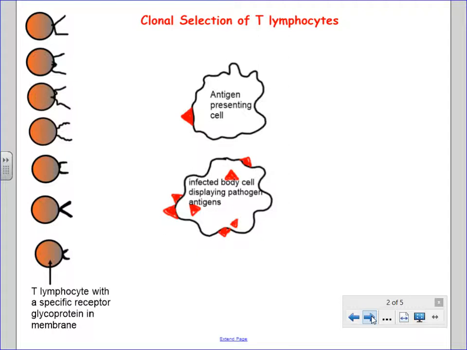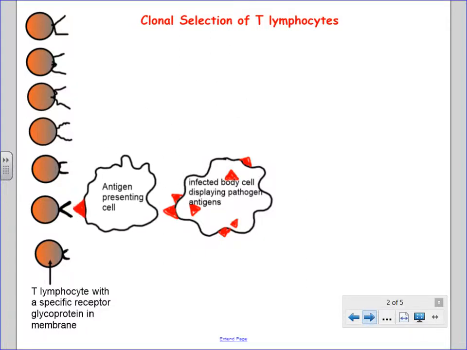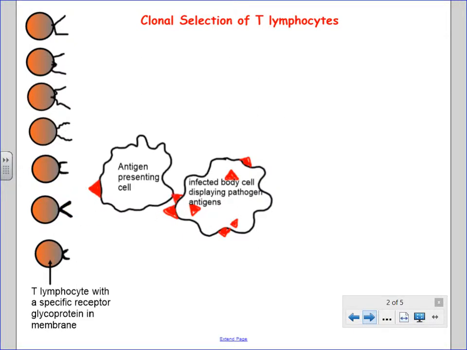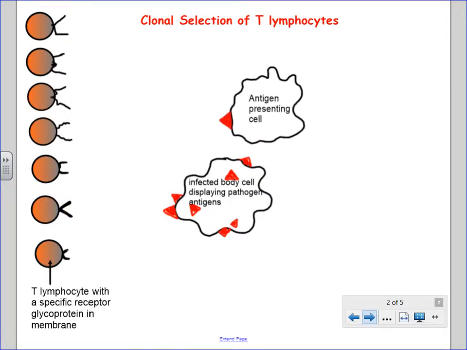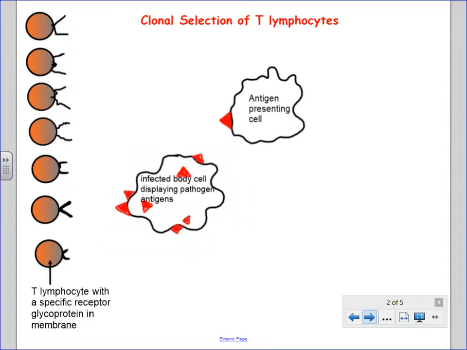The selection of a particular T lymphocyte may occur as a result of an antigen presenting cell finding the complementary receptor in a T lymphocyte membrane, or because a cell of the body has been infected with a particular pathogen and it displays those antigens on its surface.